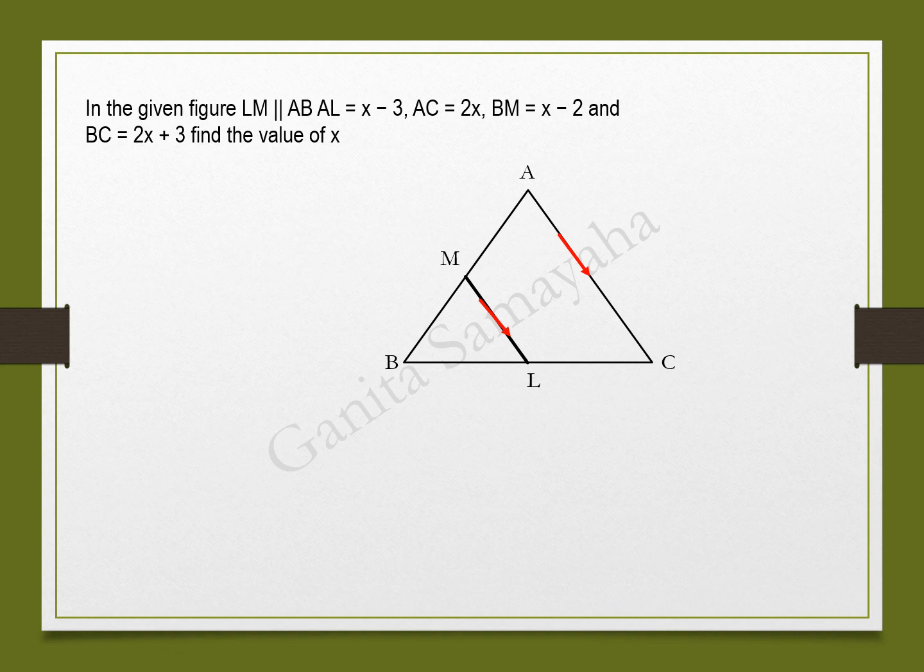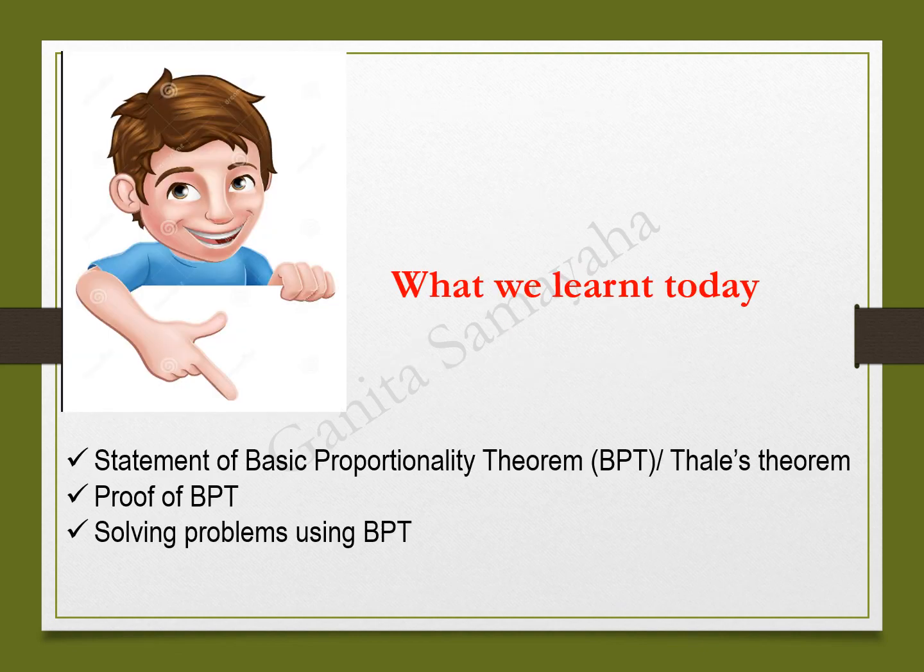Okay children, let us take a quick recap of what we learned in today's video. We learned the statement of the basic proportionality theorem, which is called the BPT or the Thales Theorem. Then we understood the proof of BPT.